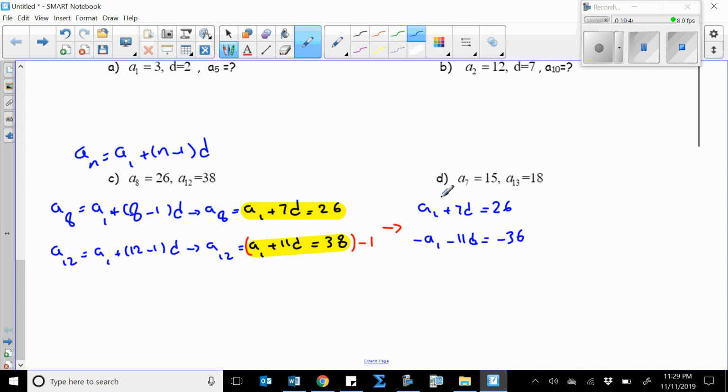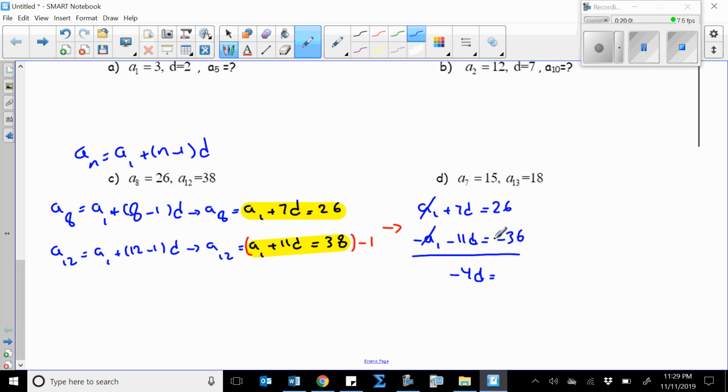Then I add these two. So A1 and negative A1 will cancel each other, and here I will have 7D minus 11D will be equal to negative 4D. Then 26 minus 38.